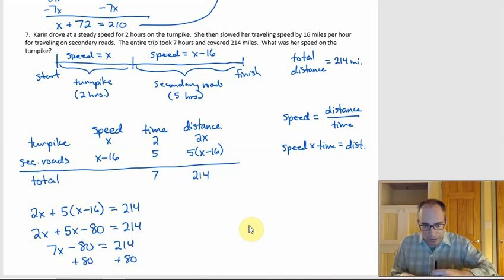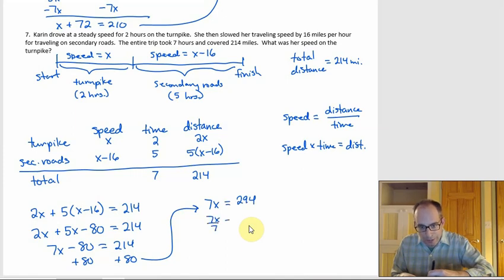So then it looks like what we would get is that 7x is equal to 294. And then if you divide both sides by 7, 294 divided by 7 is actually an integer. It works out to be 42. So x is 42 miles per hour.